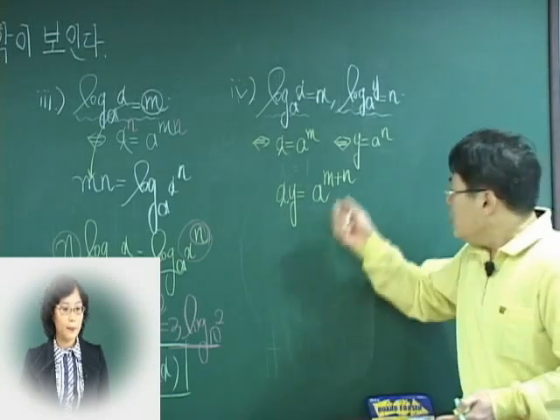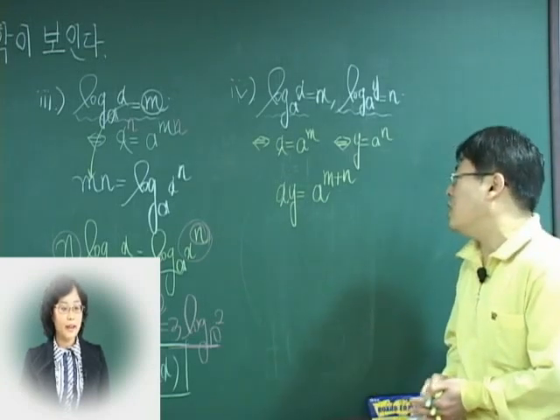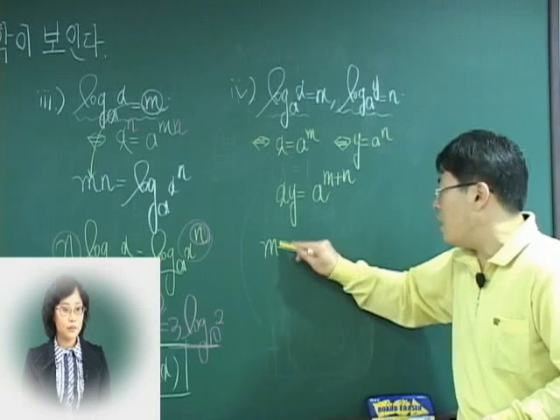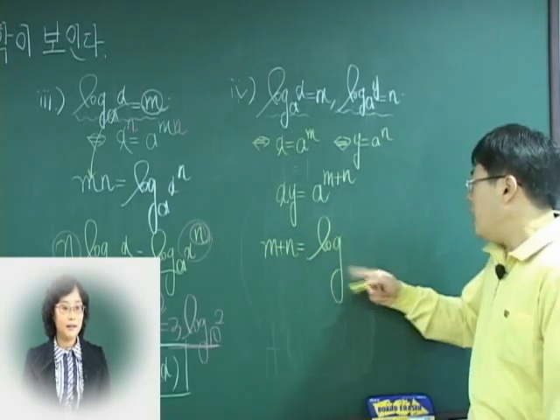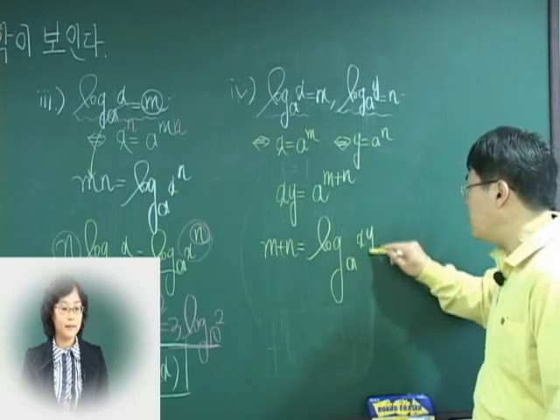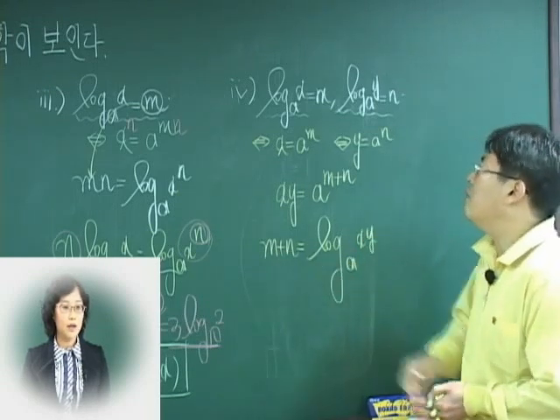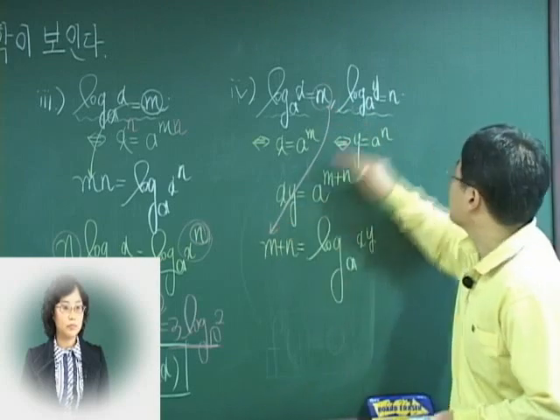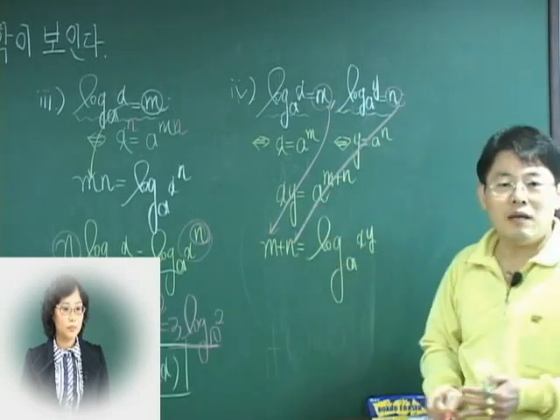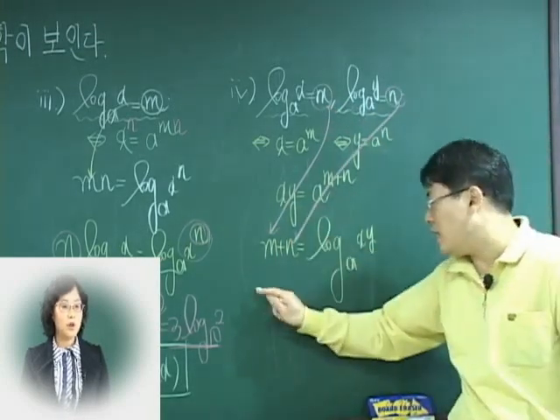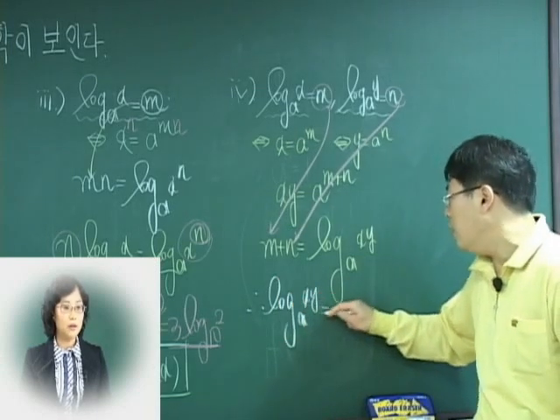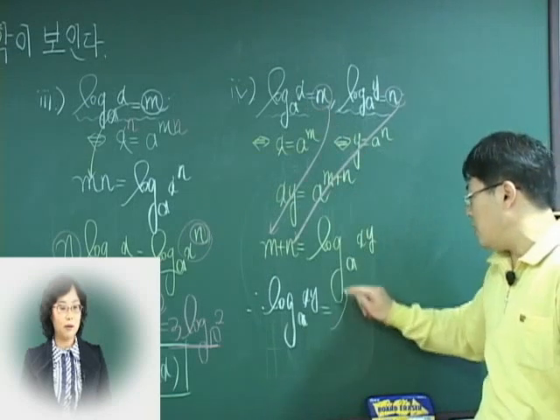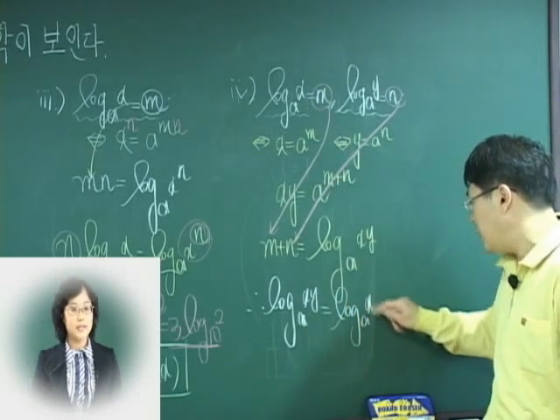Okay. m plus n relation: log base a of xy. Let's substitute. Go back to the original. Log base a of xy equals log base a of x plus, what is n?